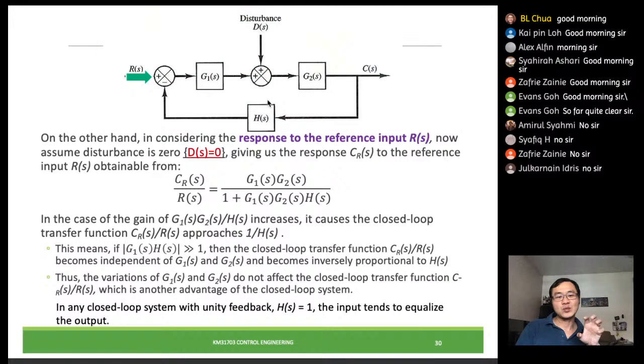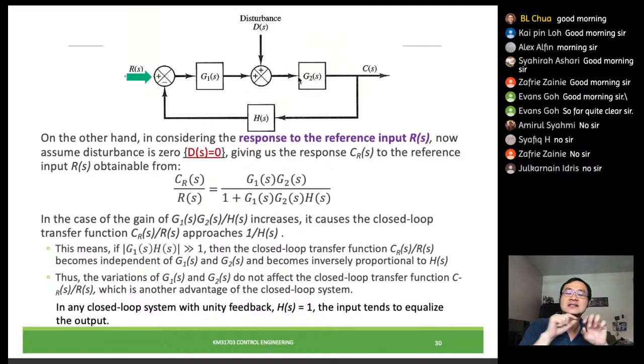When we select this H value properly, it can remove or buffer the effect of the disturbance, and at the same time it helps to mitigate the variance of G1 and G2.